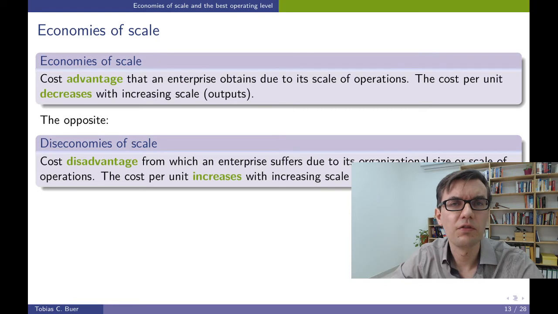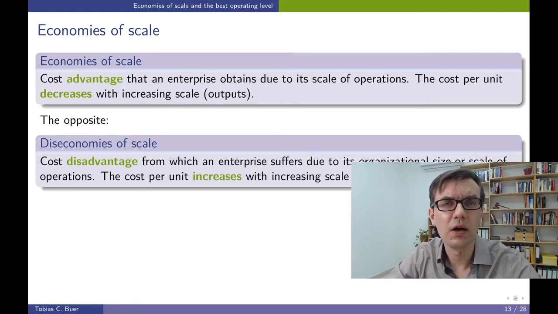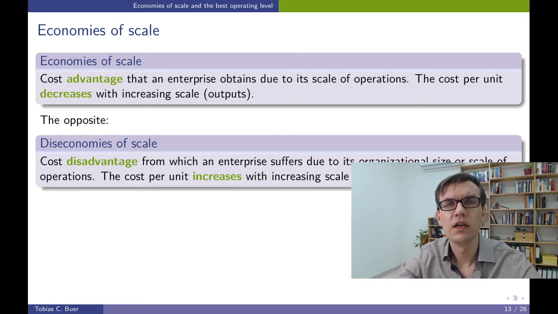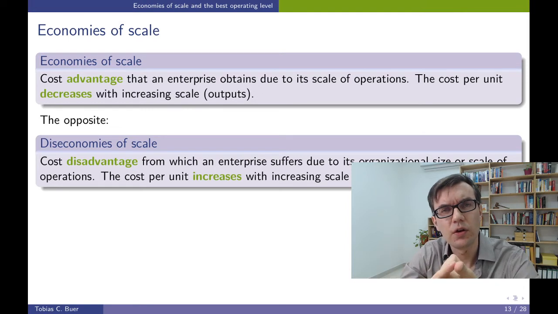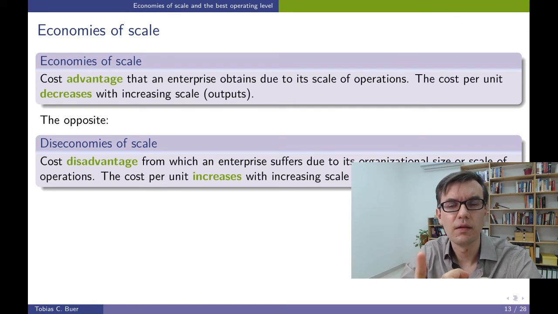Let me give you an example from outside the field of logistics. Just look at our teaching at Geotech. A very important part of the fixed cost at Geotech are, of course, the lecture halls that Geotech needs to provide and the salaries of the professors.